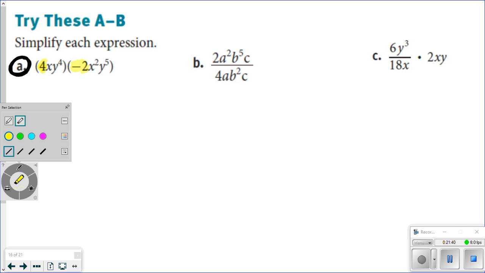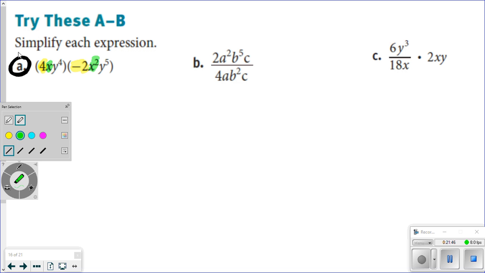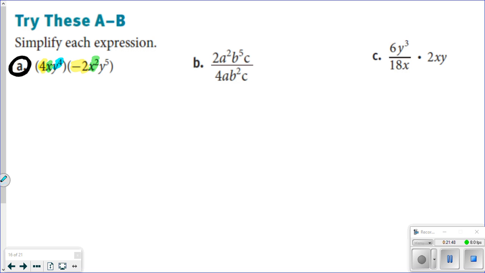So 4 times negative 2. Let's see what answer you can come up with. 4 times negative 2 is negative 8.